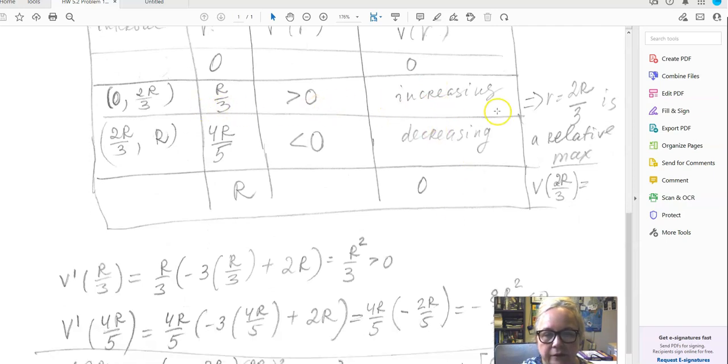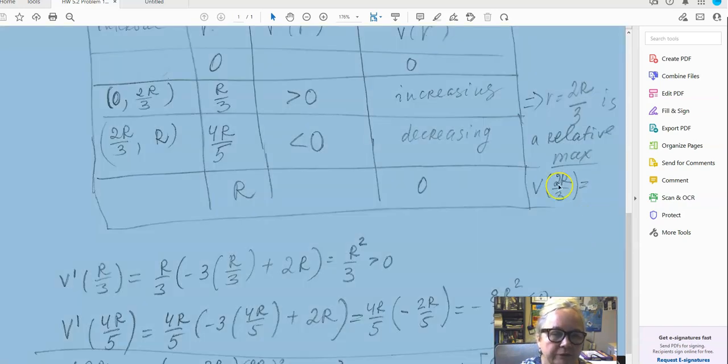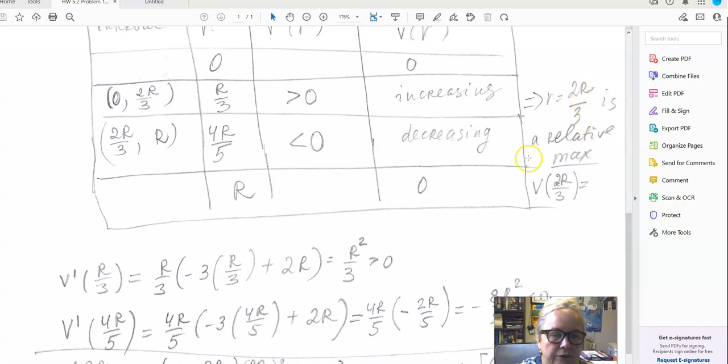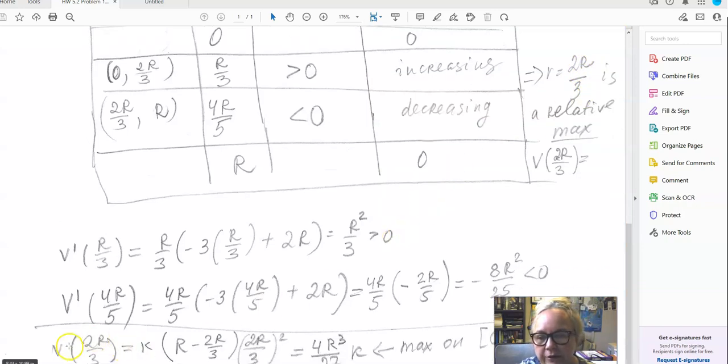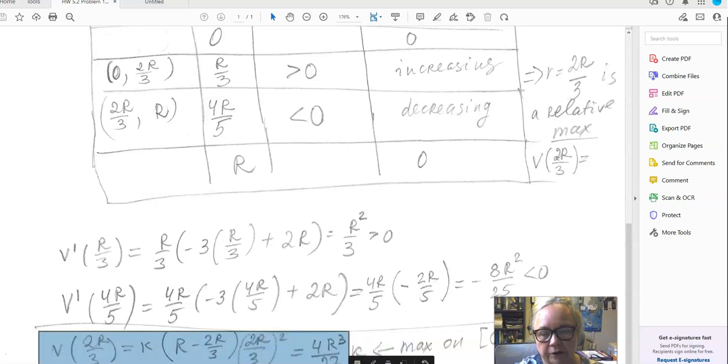And once we found the relative maximum on this half open interval, and it's 2R over 3, we need to evaluate that function at 2 times capital R over 3.